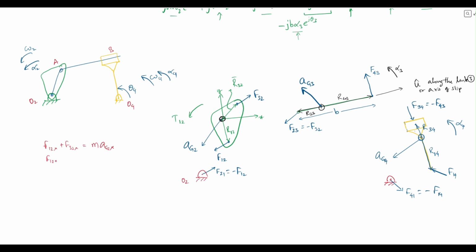We get F12y plus F32y equal to M AG2y, and we can write the torque equation T12 plus R12 cross F12 plus R32 cross F32 is equal to IG2 alpha 2.